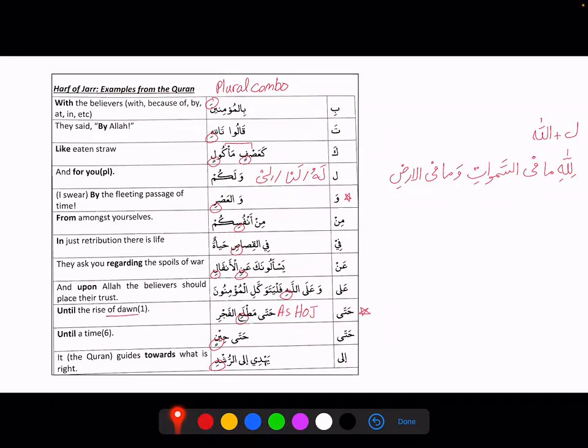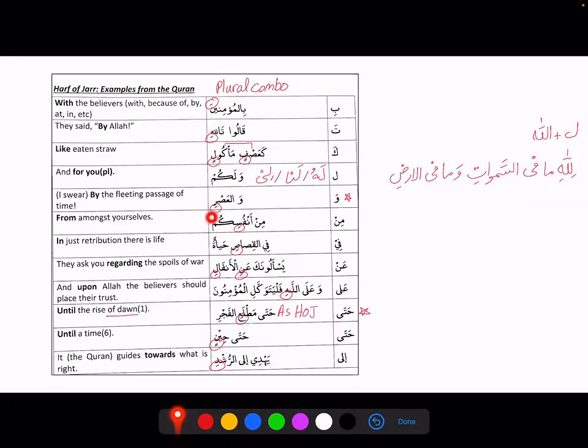And again, one more time, I'm reminding you that when this lam gets attached to an attached pronoun, it takes fatha, lahu, lana. But when it comes to ana, it will be li, not lana. We cannot pronounce it properly with fatha, right? So li is better.